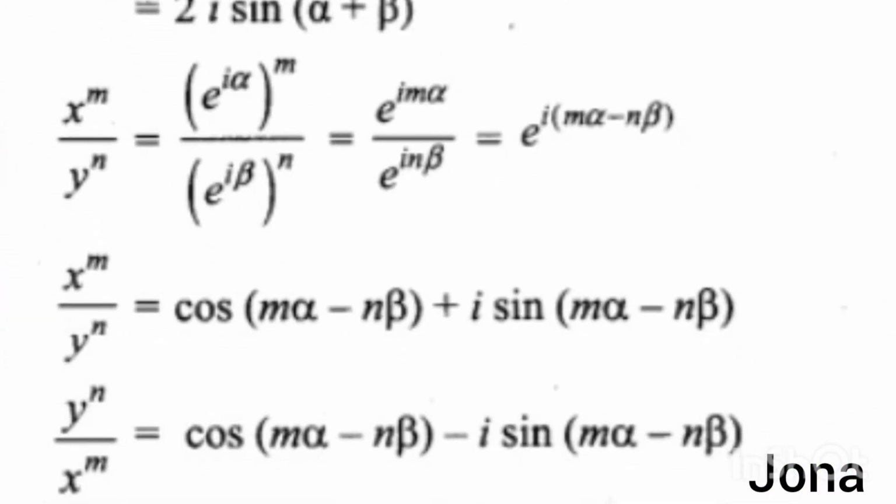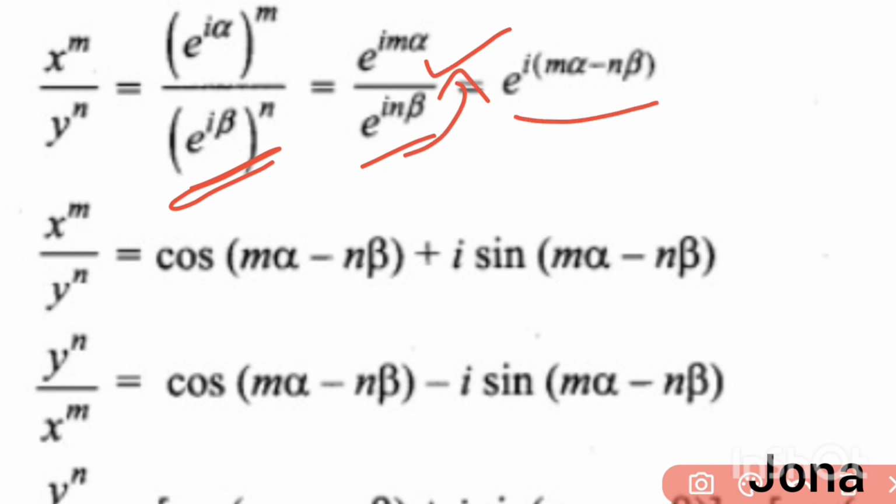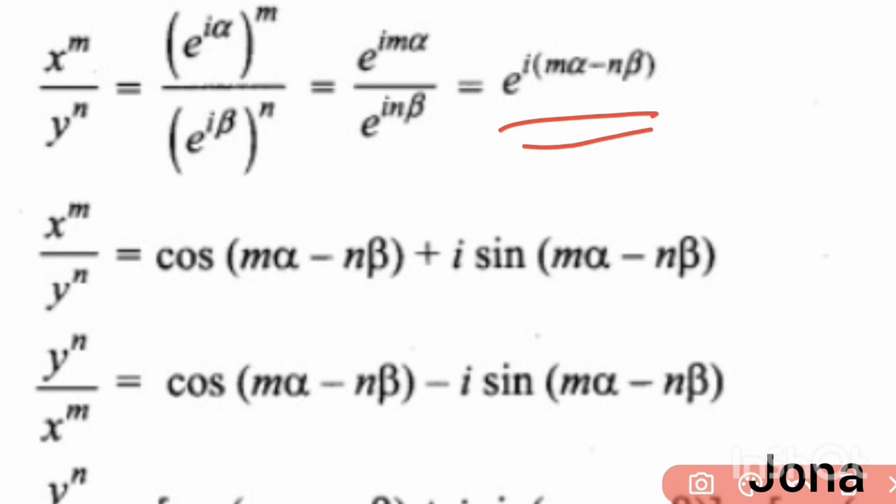In the third division we have x power m by y power n. x power m is e power i alpha power m, which is e power i m alpha, and y power n is e power i n beta. Taking this to the numerator, it is e power i of m alpha minus n beta. So x power m by y power n is cos of m alpha minus n beta plus i sin of m alpha minus n beta.